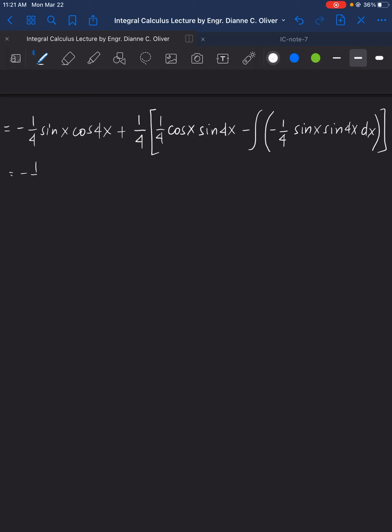So this is negative 1/4 sine x cosine 4x plus 1/16 cosine x sine 4x plus, we distribute here 1/4, so since there is a negative sign here, this is positive 1/16 integral of sine x sine 4x dx.